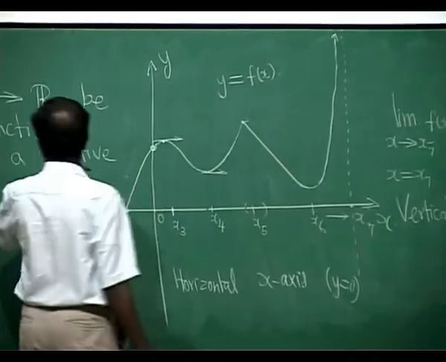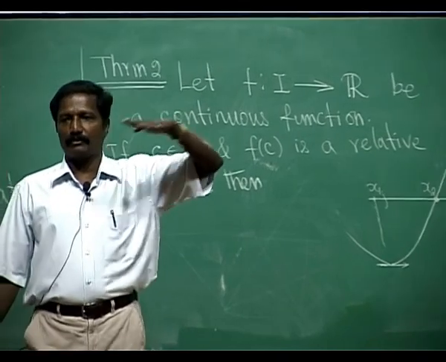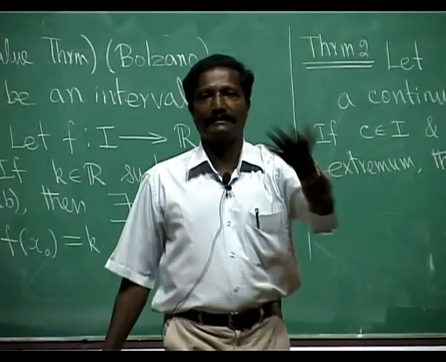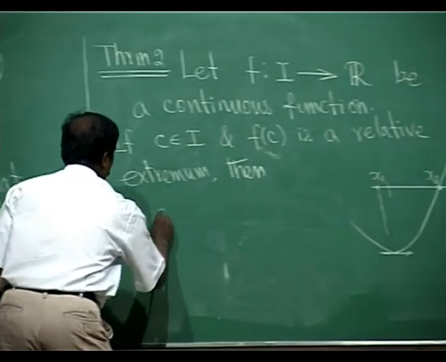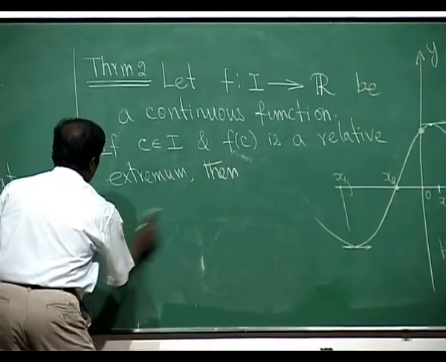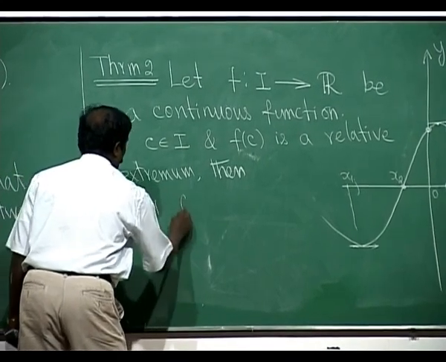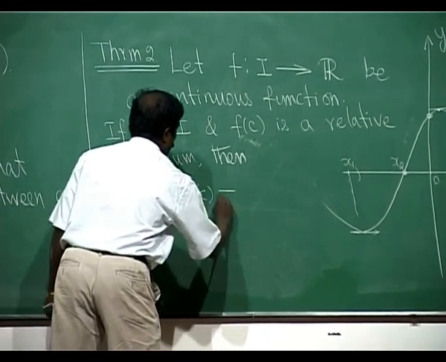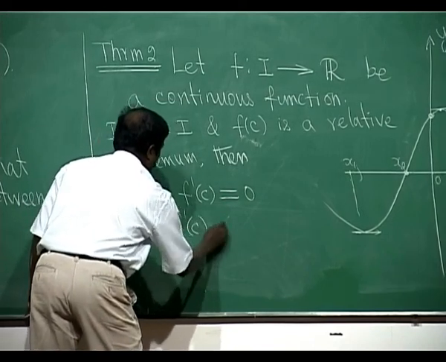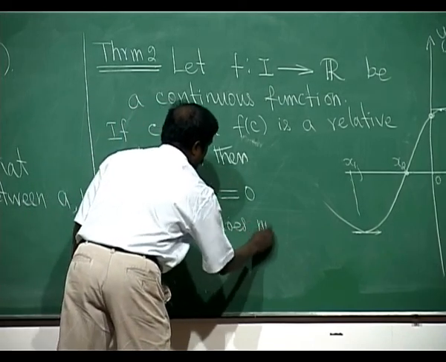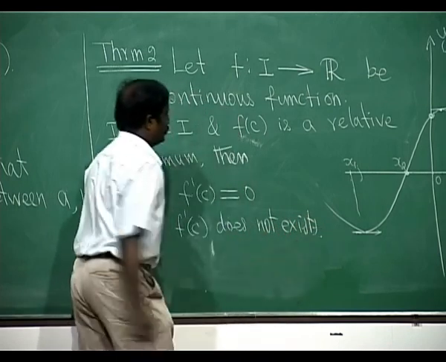So if f is differentiable at the point c, either the derivative should be 0 or it doesn't exist. So then either f dash of c equal to 0 or f dash of c does not exist.